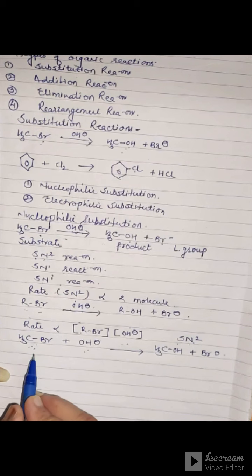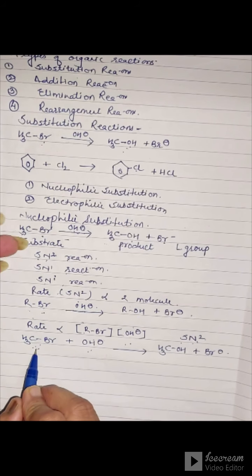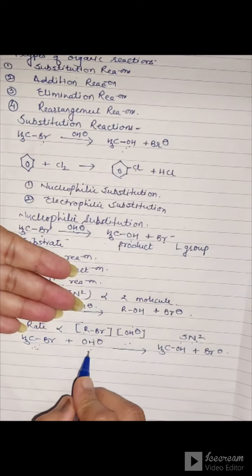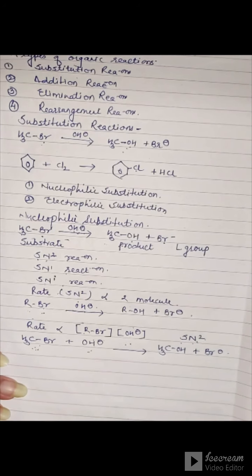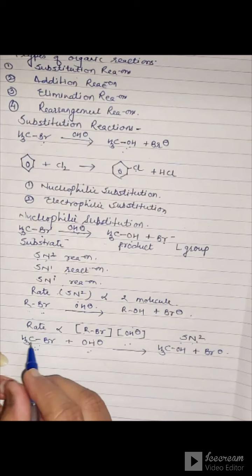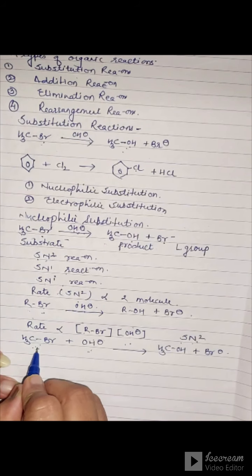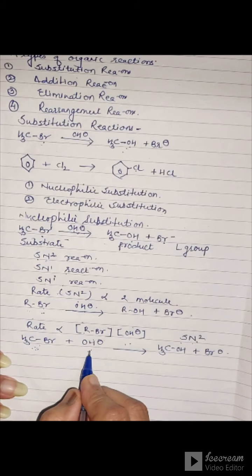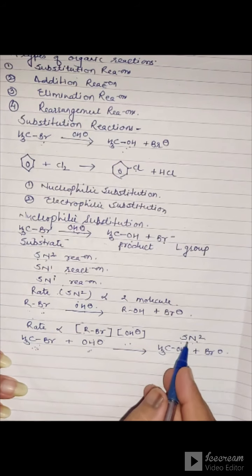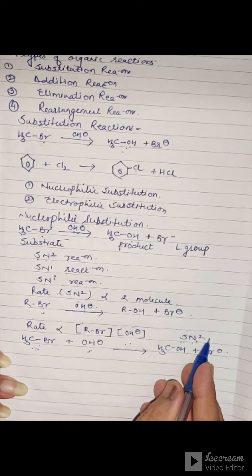And if we double the concentration of CH3Br as well as the concentration of OH negative, then we see that the rate of reaction increases 4 times. Means the rate of reaction depends on the concentration of alkyl halide, that is the substrate, as well as the concentration of the attacking species. Therefore, this is an SN2 reaction.